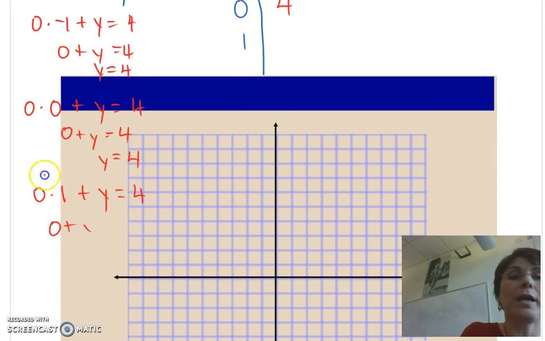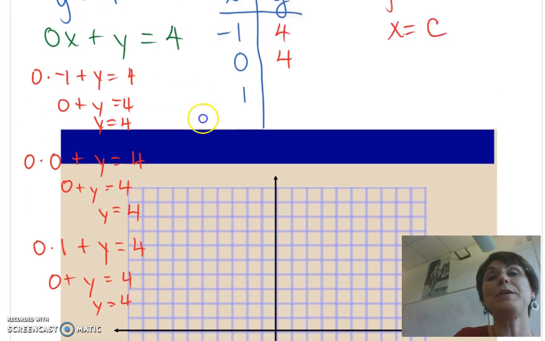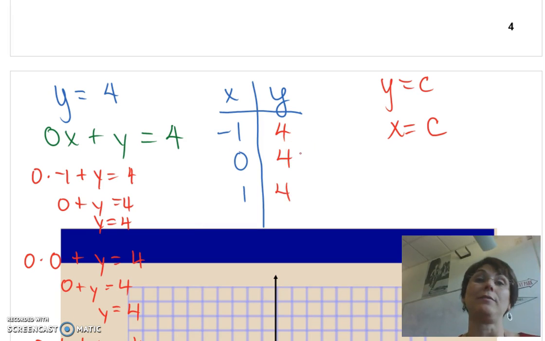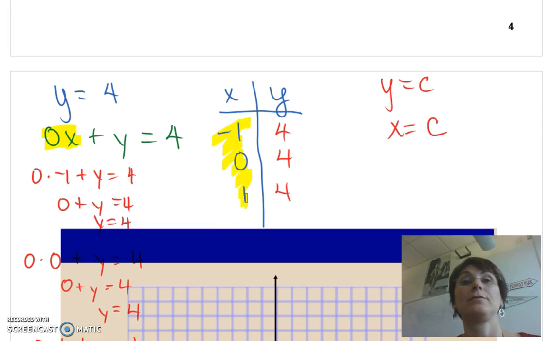So 0 plus y equals 4, so y equals 4. So no matter what I put in the place of x, what will your y value always be? 4, right? It's because our coefficient of x is 0 that our y value will always be 4 regardless of what value we have for our x's.